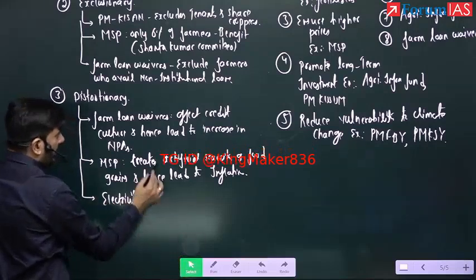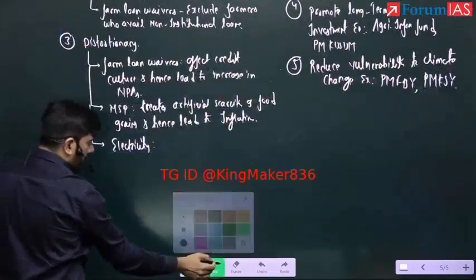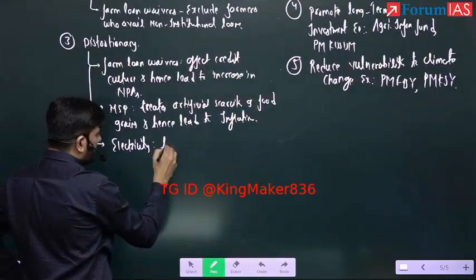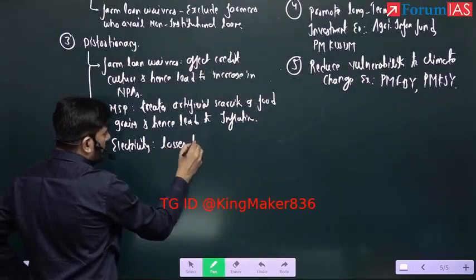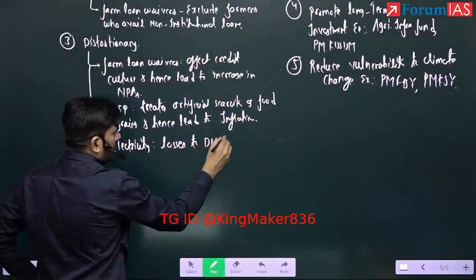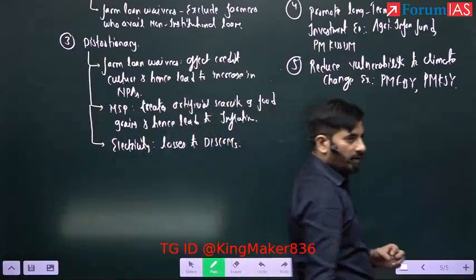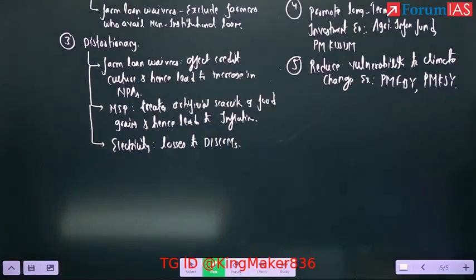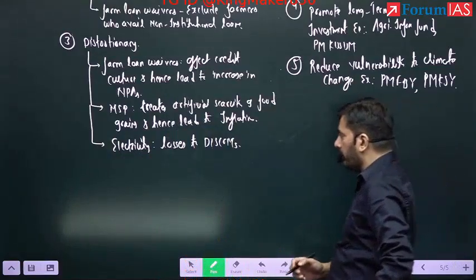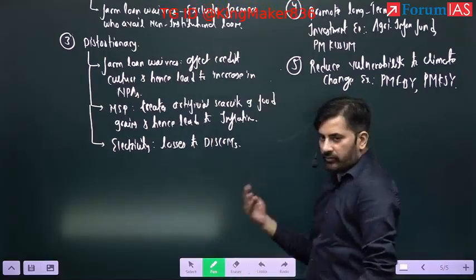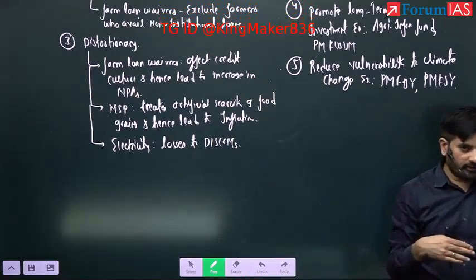With respect to electricity subsidy, the problem here is it has led to huge losses to discoms in India. Discoms have accumulated huge losses. And when discoms have so much of losses, right?